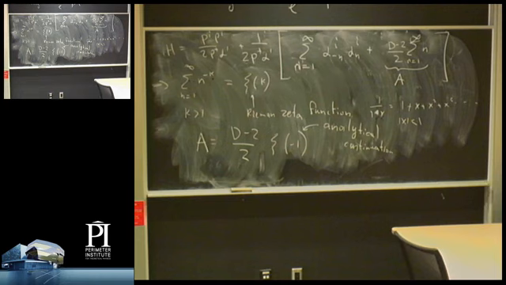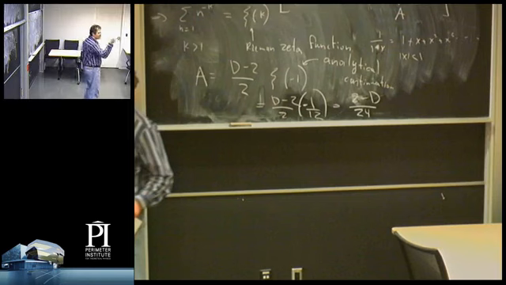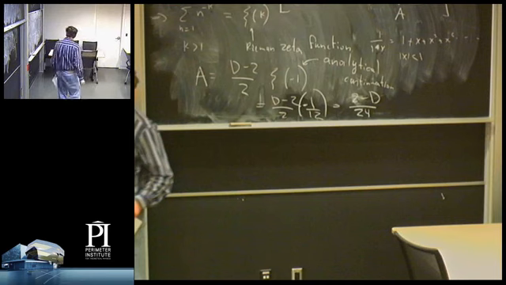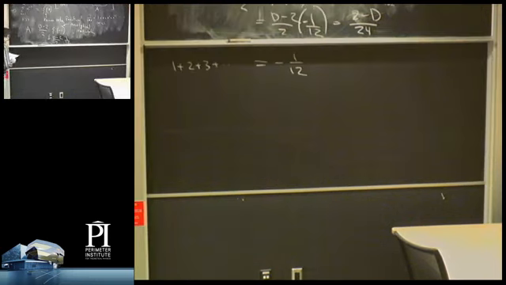Then I did an analytic continuation for small values, and the point is that this analytic continuation is unambiguous. Sometimes when you have branch cuts, you can get different answers as you do analytic continuation, depending on how you approach. This is not the case here. It takes a very nice value. Actually, it's minus 1 twelfth.